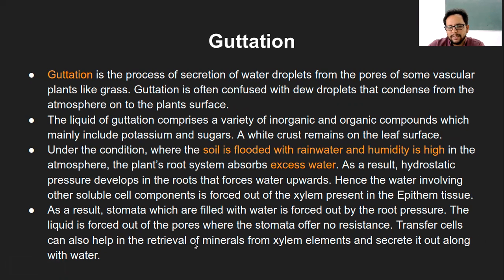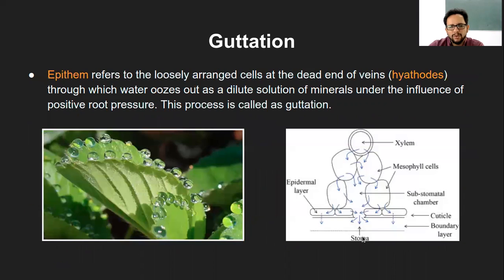And the transfer cells can also help in the retrieval of minerals from xylem elements and secrete them along with the water. What this statement is referring to is that if the root pressure is higher, the upward movement of water is also forceful, and because of that, the lateral movement of the minerals can also happen to a great extent, and that way more water is being pushed out of the plant.